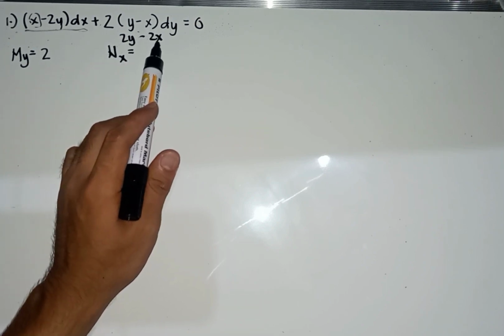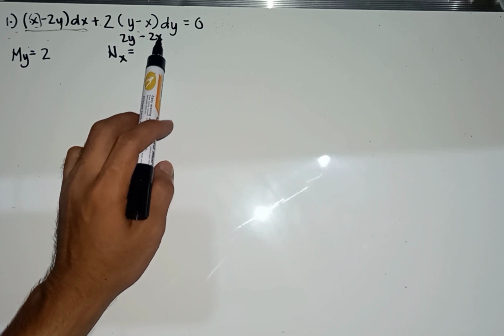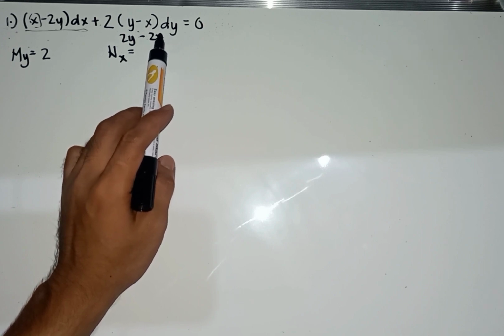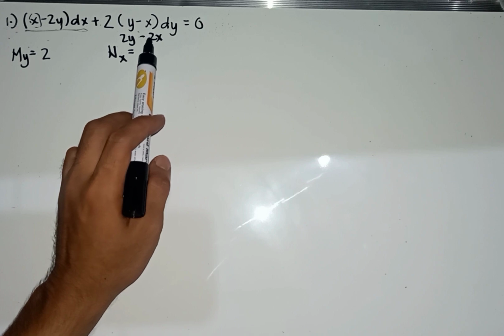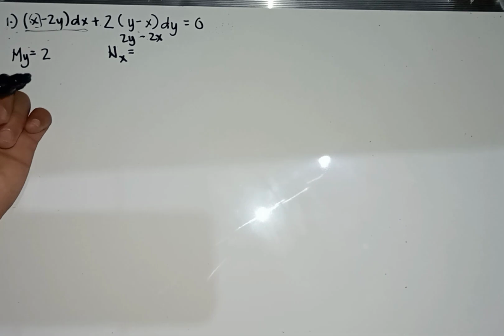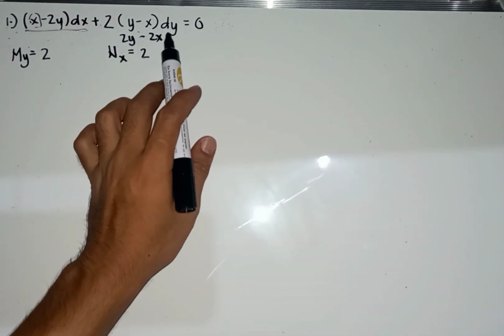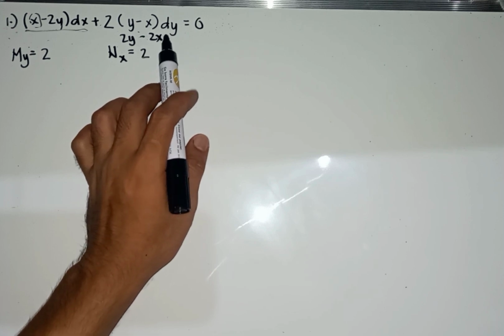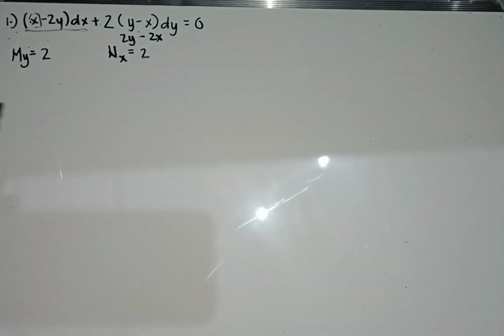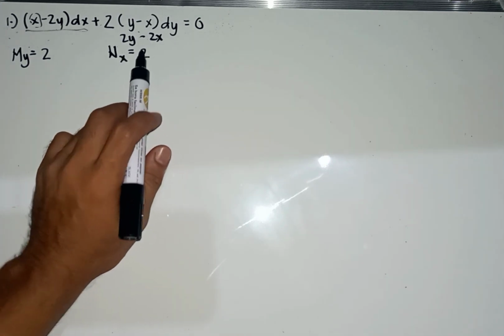Here we have 2x, there is an x, and when we derive it, the only number left is 2, because we don't have a bigger exponent here. So M in terms of y and N in terms of x are equal.